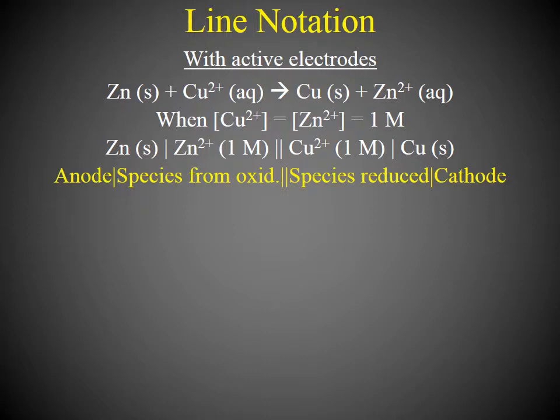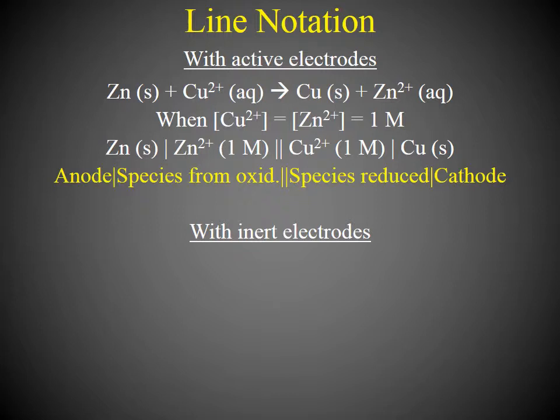Notice the two lines in the middle represent the salt bridge. The copper 2 is the species that is being reduced, and the concentration of the solution at the very beginning of the reaction was 1 molar, and the cathode is copper in this case.